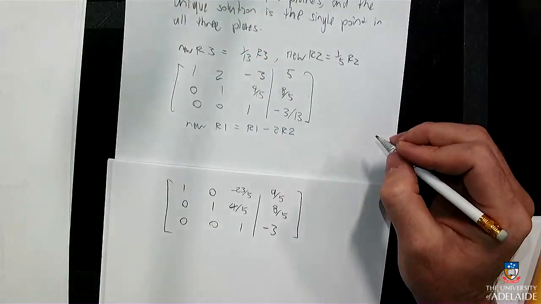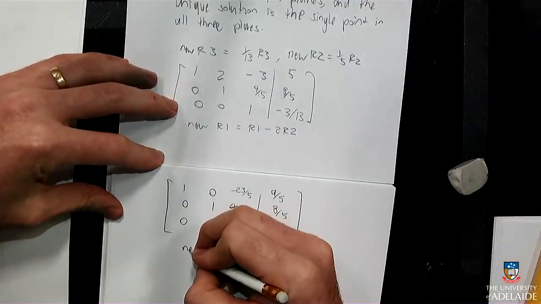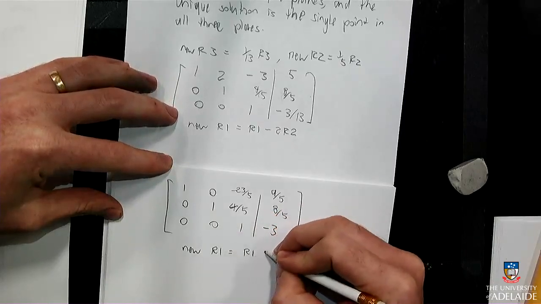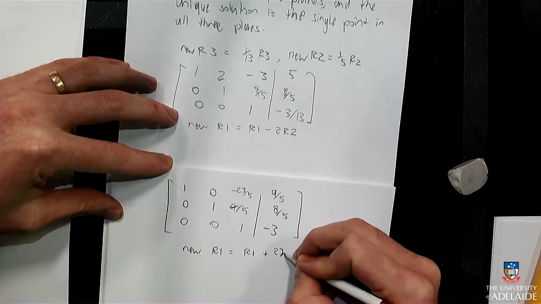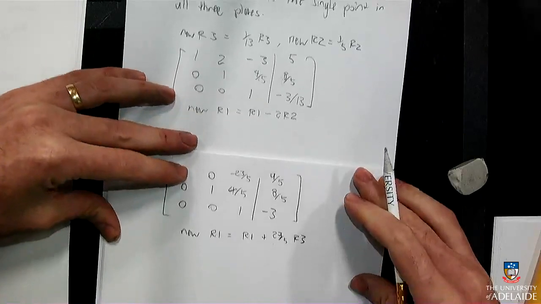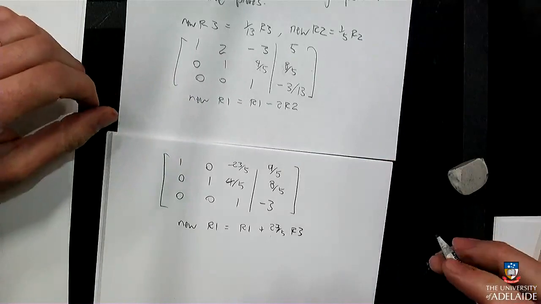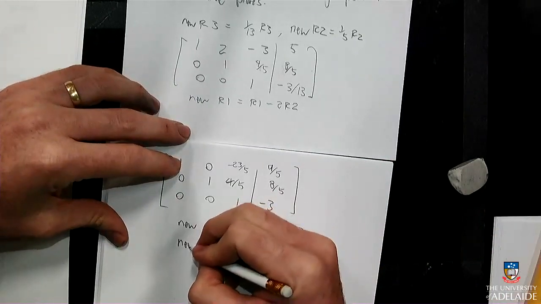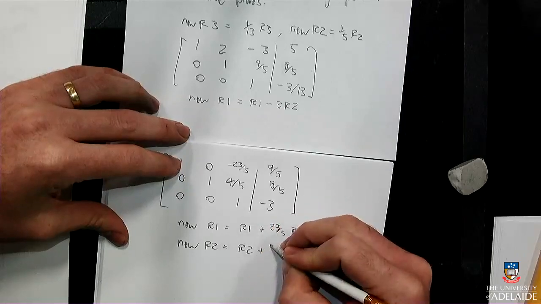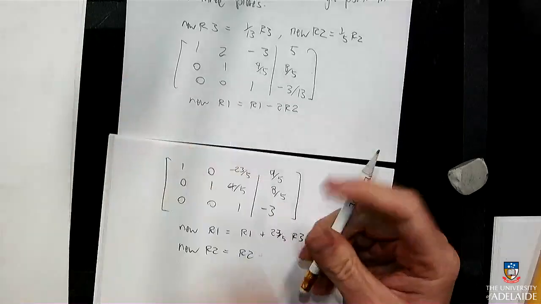Okay, and then new row 1 is going to be my old row 1 plus 23 on 5 times row 3. Whoa. It's going to be tricky. And my new row 2 is going to be row 2 plus minus 4 fifths of row 3.